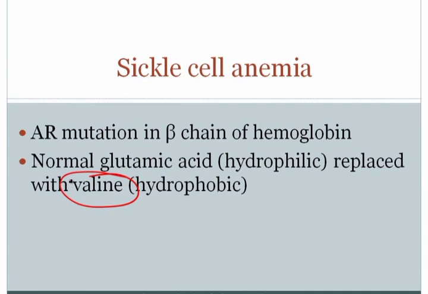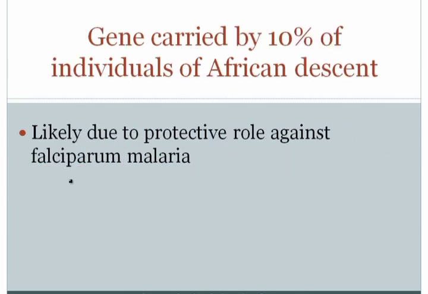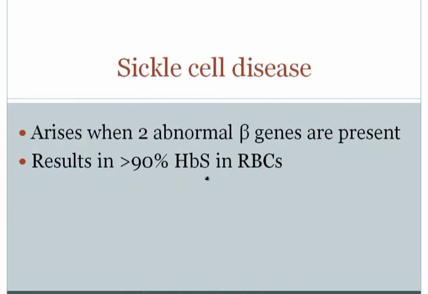So it's a single amino acid change that results in this disease, and that's called sickle cell anemia. The gene for this disease is carried by 10% of people of African descent, and that's because it likely protects against falciparum malaria, and this is a theme that we've already covered as we've gone through this particular chapter. When patients have two abnormally mutated beta chains, that's called sickle cell disease, and it results in greater than 90% production of hemoglobin S.